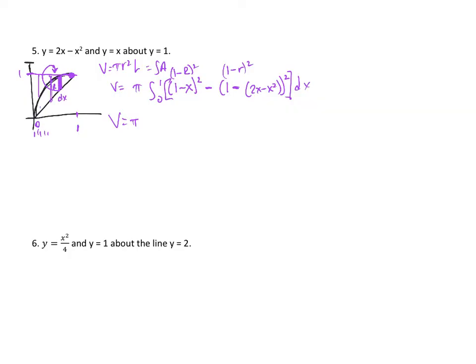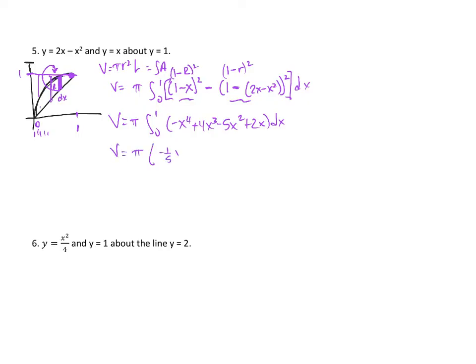Now, I went ahead and I foiled all this and combined like terms and did all that good stuff for you to save you a little bit of time here. So foil this out, combine like terms, do all that, and you end up with negative x to the 4th plus 4x cubed minus 5x squared plus 2x dx. So the volume is pi. Now let's go ahead and integrate this.